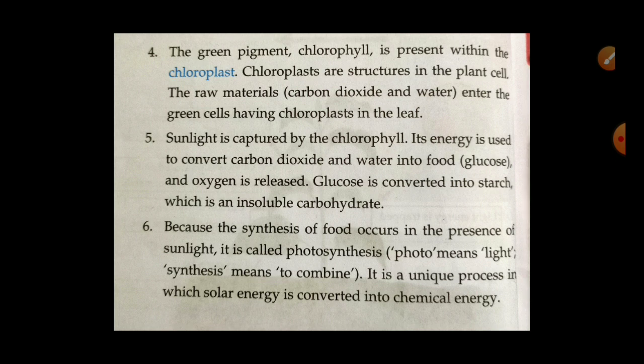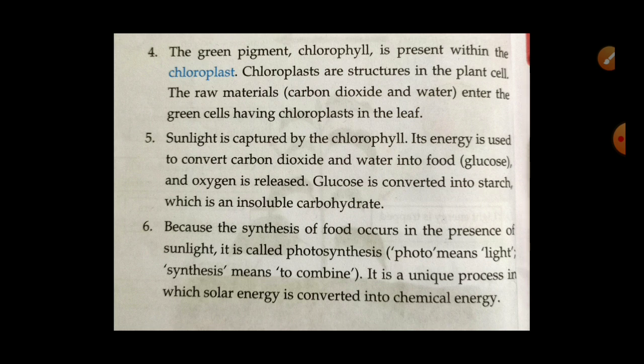Plants have plant cells, also known as green cells, present in the leaves. There one structure is present, known as the chloroplast, and chlorophyll is present within the chloroplast, which is used during the photosynthesis process.